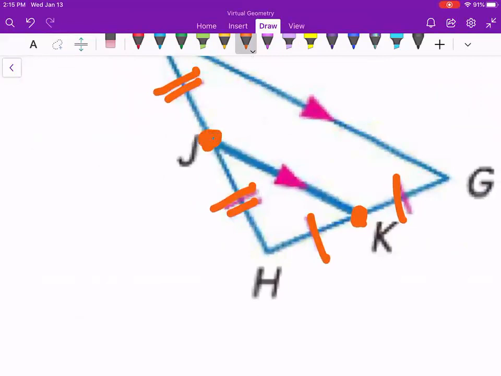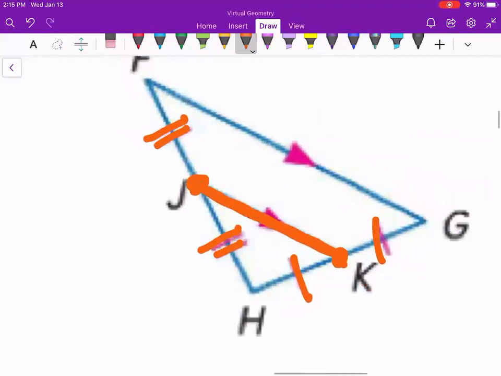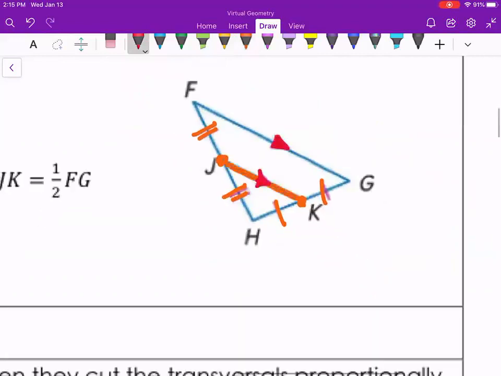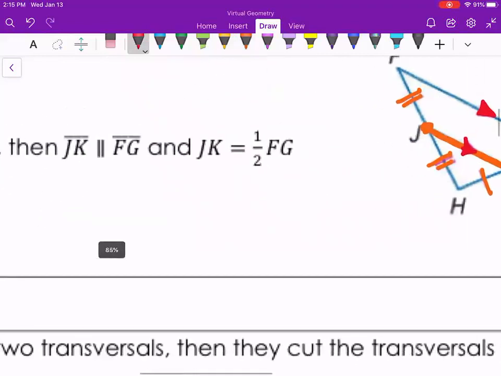Meaning if I draw segment JK, I connect those middles, it is going to then be forced to be parallel to that third side of the triangle. And again, it's the side going the same direction as the mid-segment. And that's where we get those pink arrows on there for. That is your symbol for parallel. So like it says, if JK is a mid-segment, then it is half the length of FG.